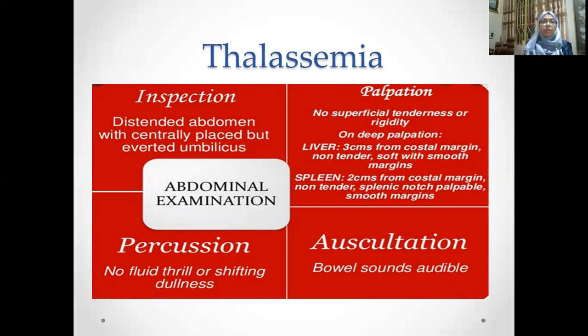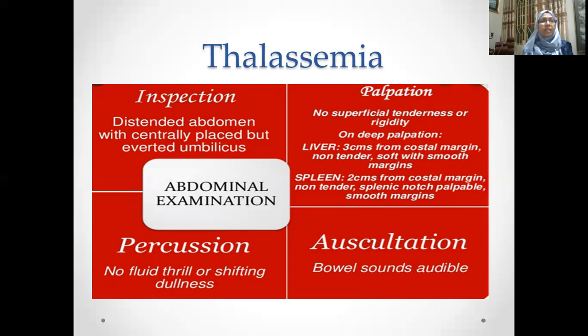When you get the tip, usually the tip is rounded and there is a splenic notch, and the margin is rounded, and the surface is smooth. You have to measure the enlargement of the spleen along the long axis of the enlargement.